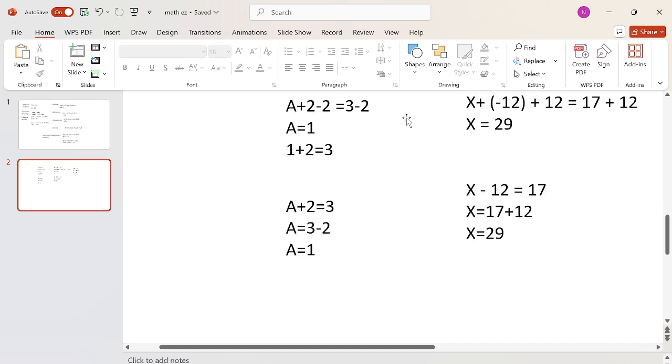So here, A plus 2 equals 3. So to transpose is to find the inverse of addition. The inverse of addition is subtraction. So you can put plus 2 to the other side, but it will become minus 2. So A equals 3 minus 2.